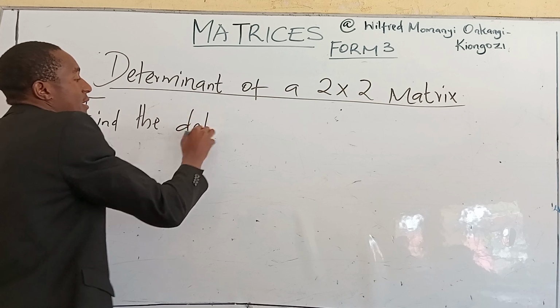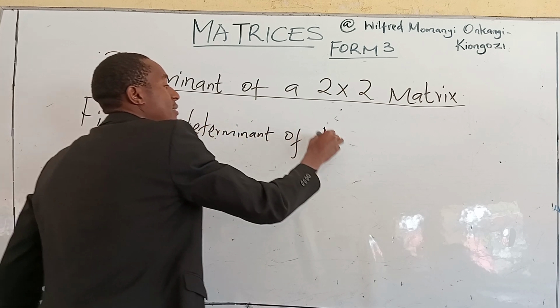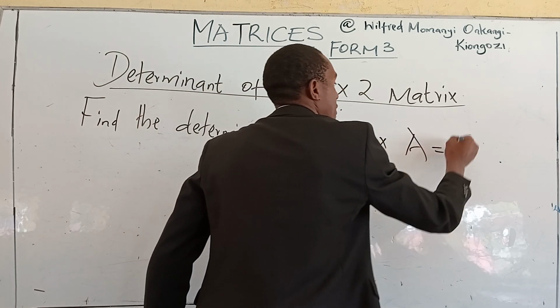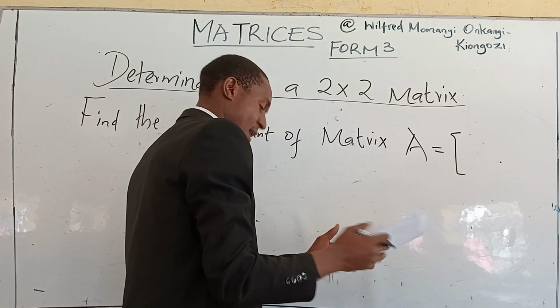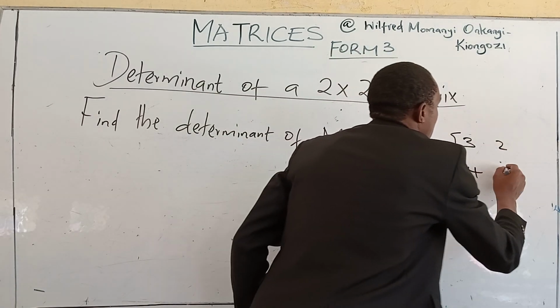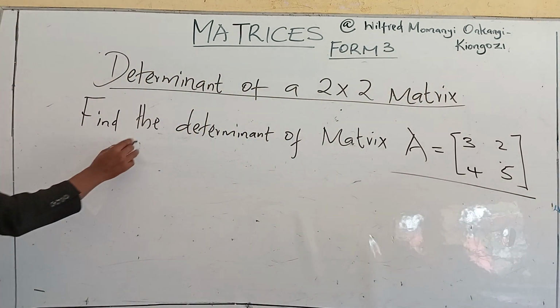Find the determinant of matrix A. Matrix A, which is equals to 3, 2, and then we have 4, 5 like this. We make it brief. Solution.